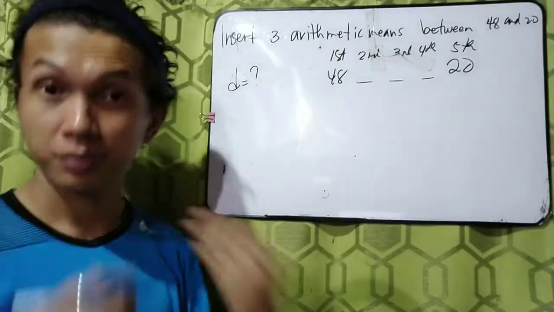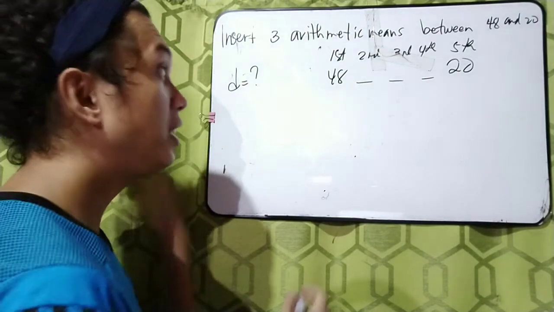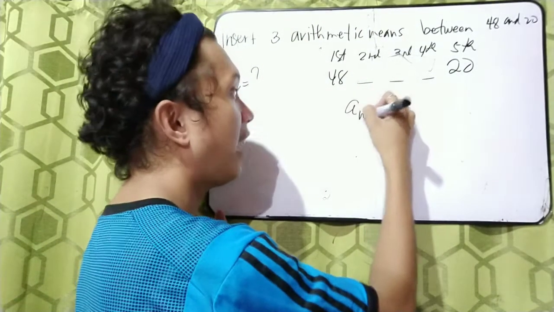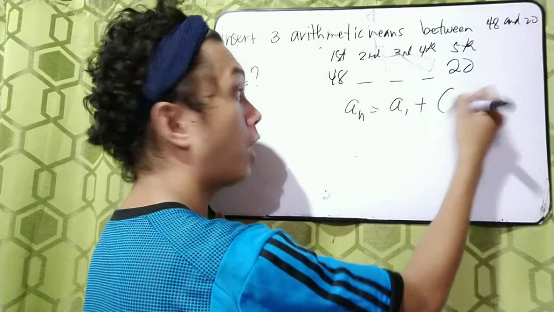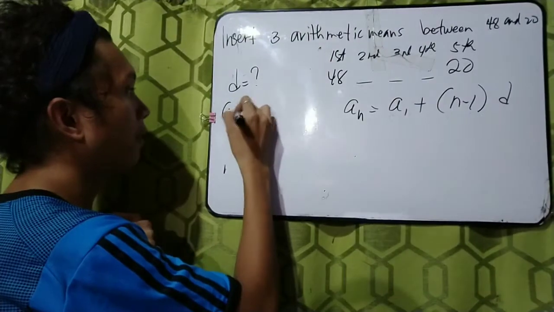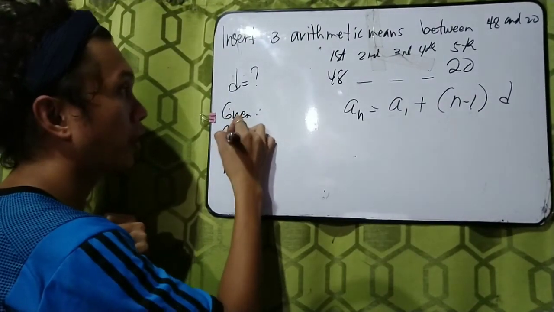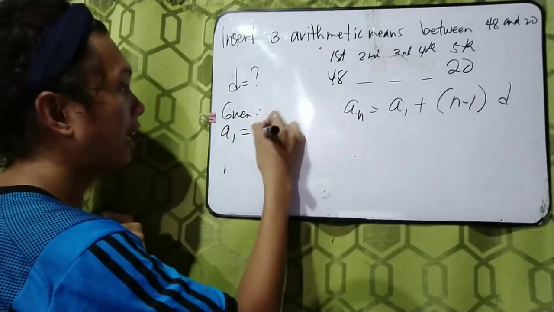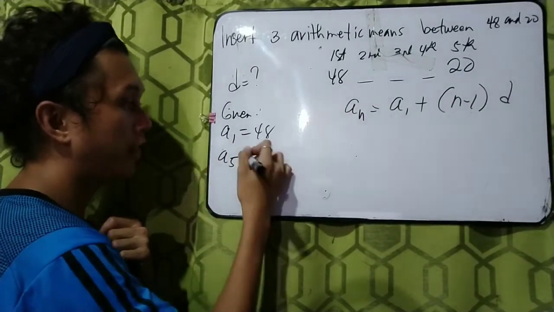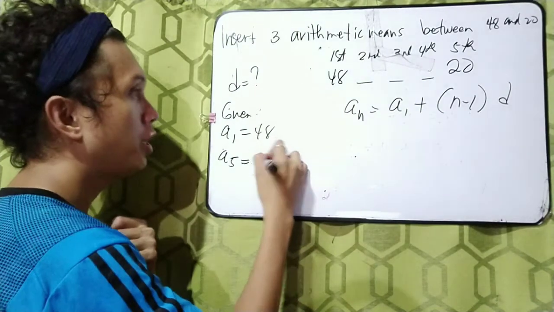And to solve that, we need the formula of the arithmetic sequence, that is a sub n is equal to a sub 1 plus the quantity of n minus 1 times d. So let's now have the given. Our first term is 48, then our last term, which is the fifth term, or the a sub n, is equal to 20.